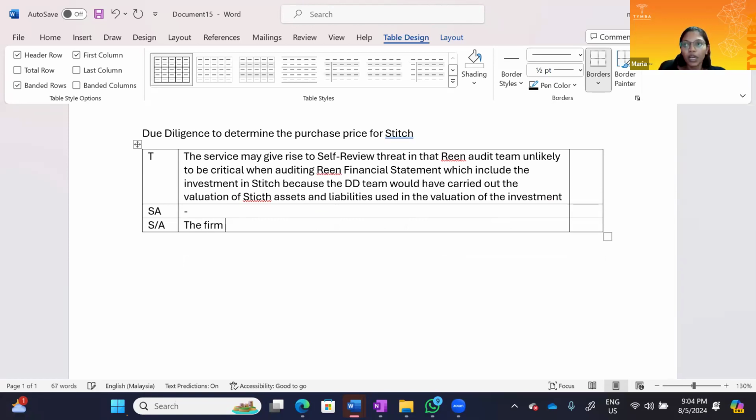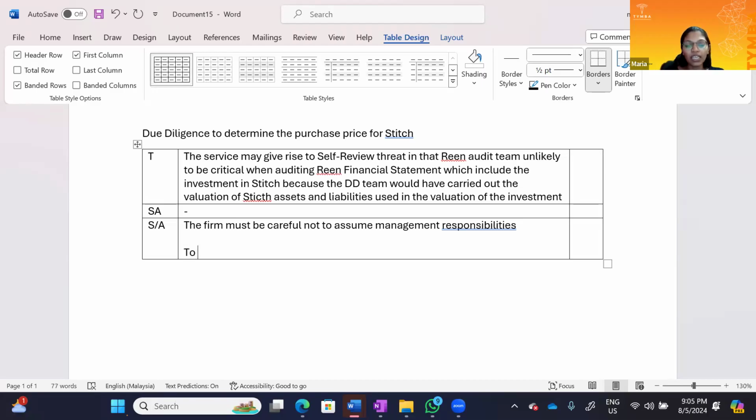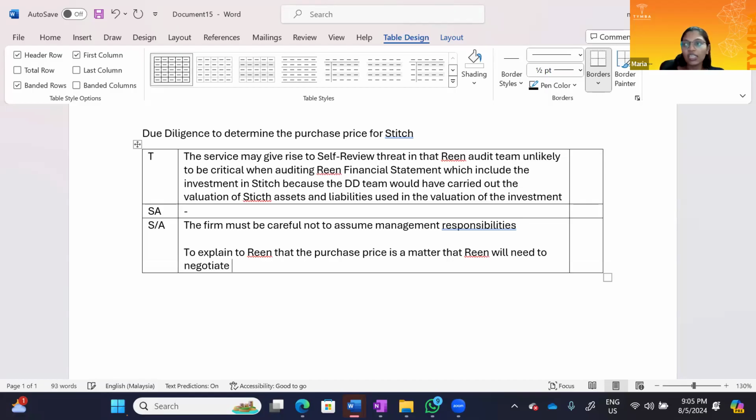Okay, so the firm must be careful not to assume management responsibilities. Next, to avoid that, explain to Rin that the purchase price is a matter that Rin will need to negotiate with the owners of Stitch, and the firm will not be involved in the matter.